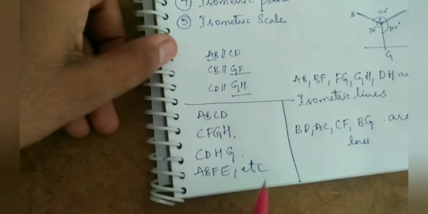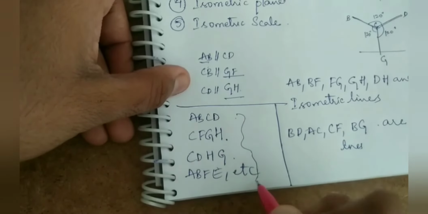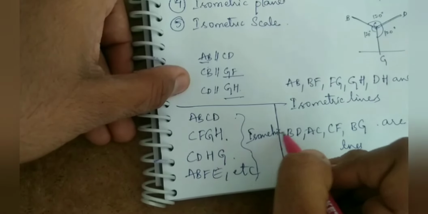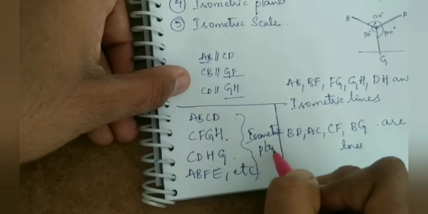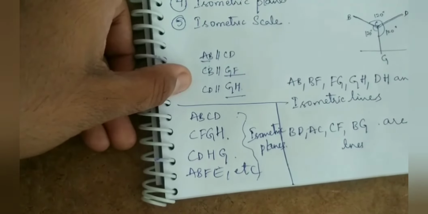So these are my isometric planes. Still some more will be included, and based on the picture you can understand. So these are the basic terminologies that we follow here.